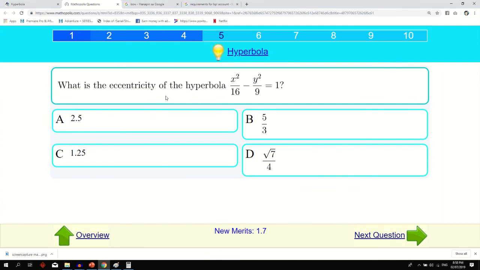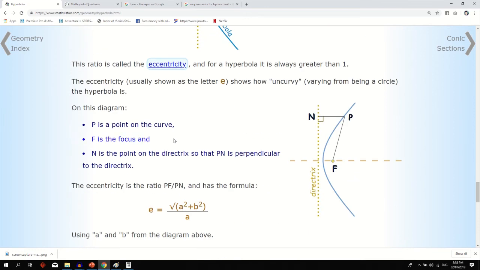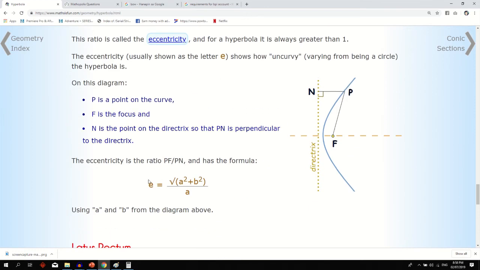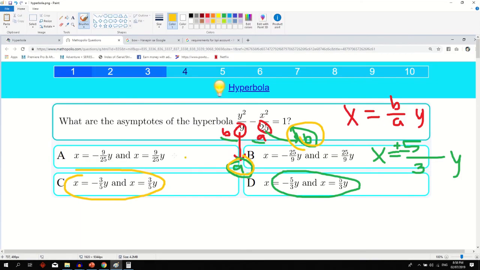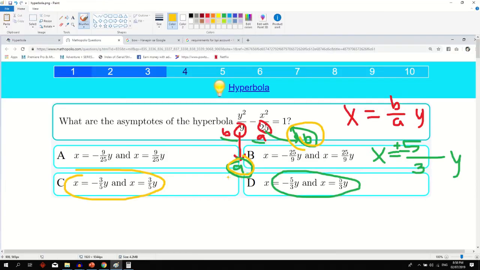What is the eccentricity of the hyperbola? So how round is this hyperbola? We will get that eccentricity. This is the formula. Wait, I will print screen that.